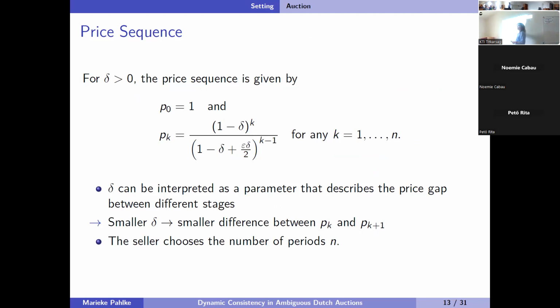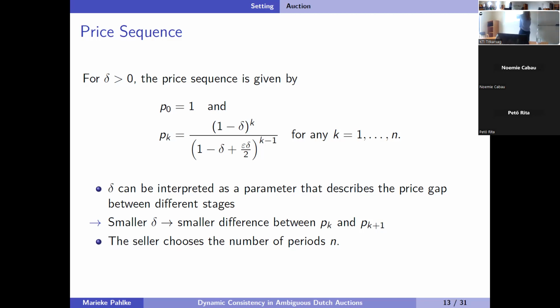The sequence is decreasing. We start with the price of 1, that's the highest possible valuation, and then we sequentially decrease this price, and this delta describes the difference between the prices in each round. You see there's an epsilon, so this price sequence also depends on the degree of ambiguity aversion, so how large the set of beliefs of the buyers is. But just keep in mind, a larger delta means a larger gap between the prices, and a smaller delta means a smaller gap.